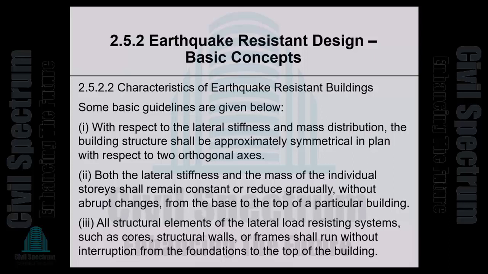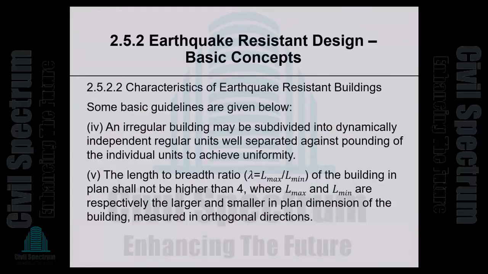People want their bottom stories, the ground level story, wide open for ballrooms or stores or whatever, and then one level above, you start with the walls and the partitions and different occupancy. So all structural elements of the lateral force resisting system shall run without interruption from the foundation to the top of the building. Typically, that is not something that you will encounter.